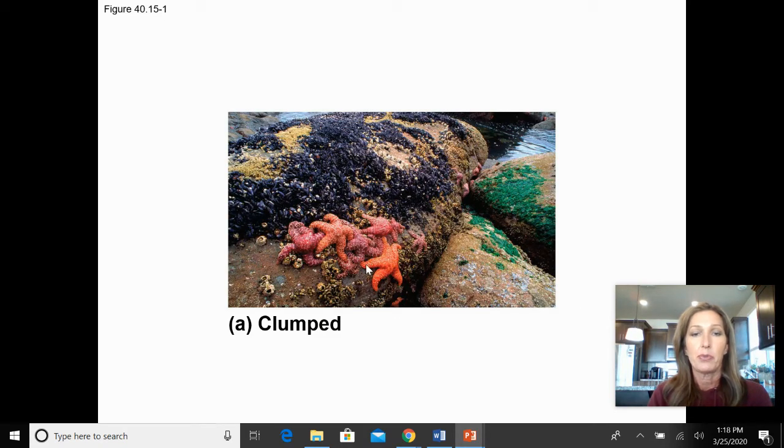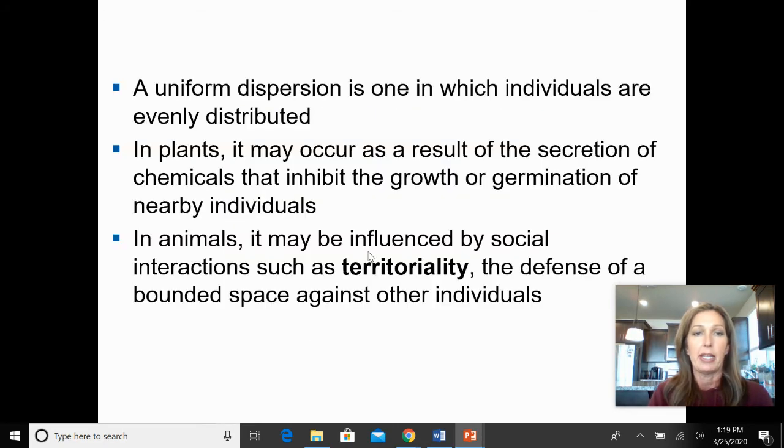Oftentimes, resources tend to be clumped. Also, there's safety in numbers as far as avoiding predation, or being the prey. Also, in finding a mate, being clumped and close together is a little bit easier too. So clumped is typically the more common way that we see it.